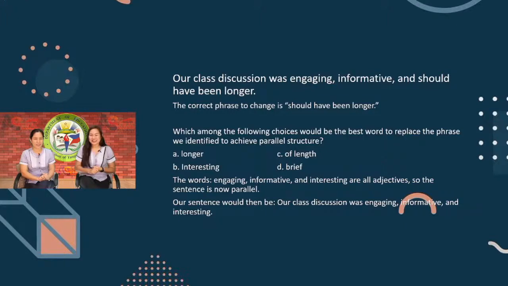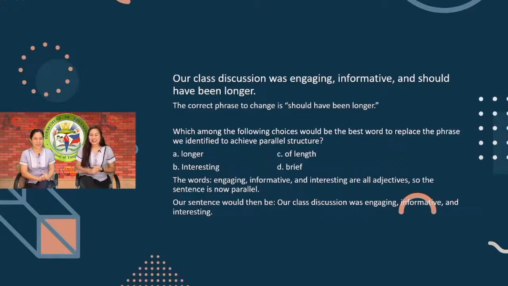If we use the adjective form for the first word and the second word, to achieve parallelism, we will also use an adjective for the third word, so all adjectives all throughout our description. So our sentence would then be, our class discussion was engaging, informative, and interesting.